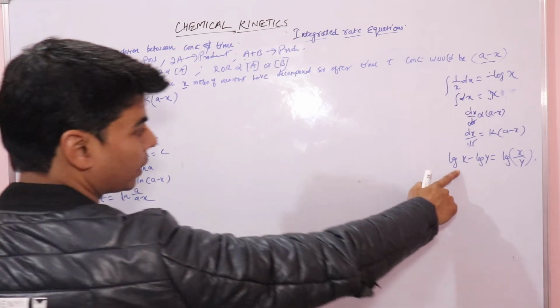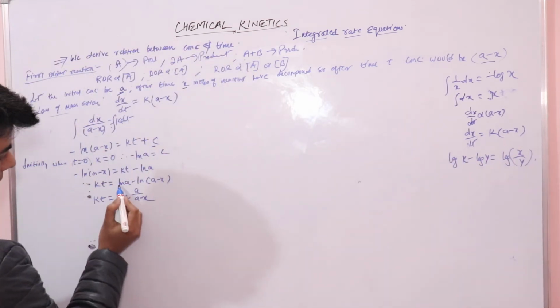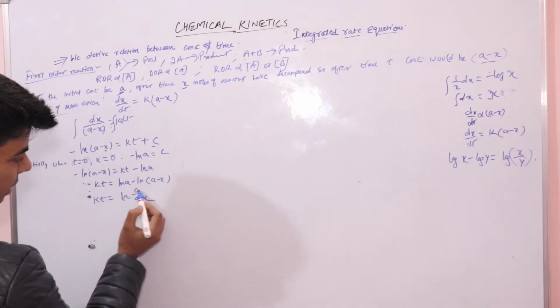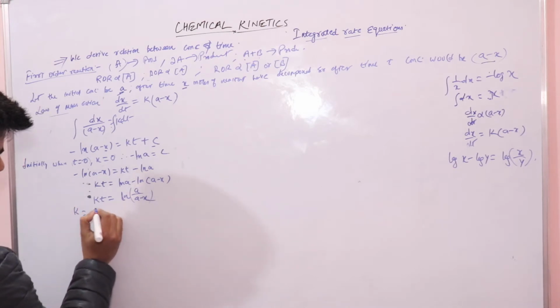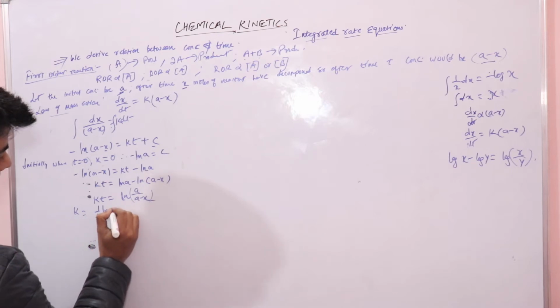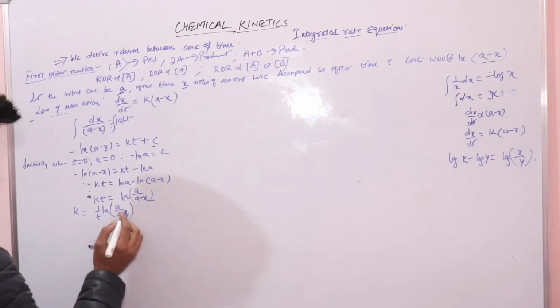This is the formula: log X minus log Y is equal to log X upon Y. So here ln A minus ln (A − X) would be ln A upon A minus X. So K would be equal to 1 upon T ln A upon A minus X, right?